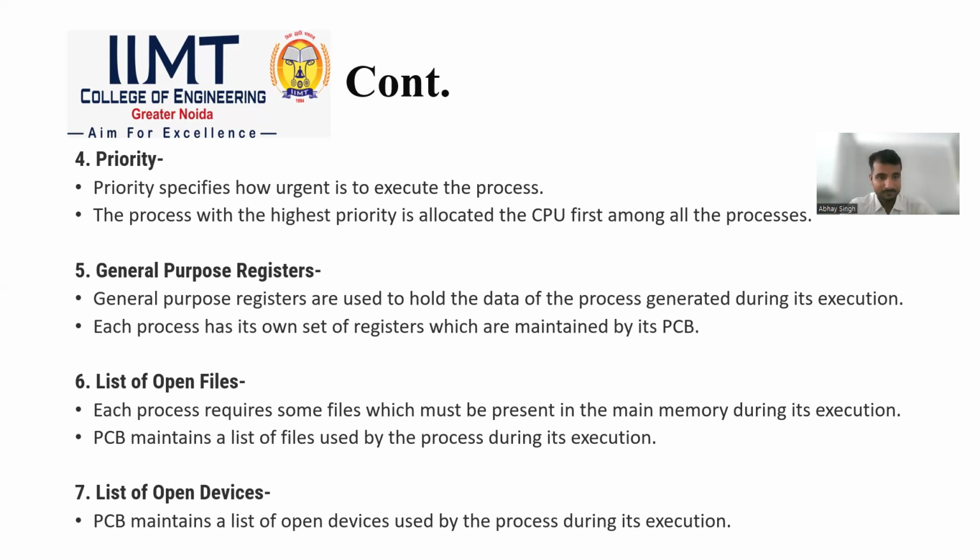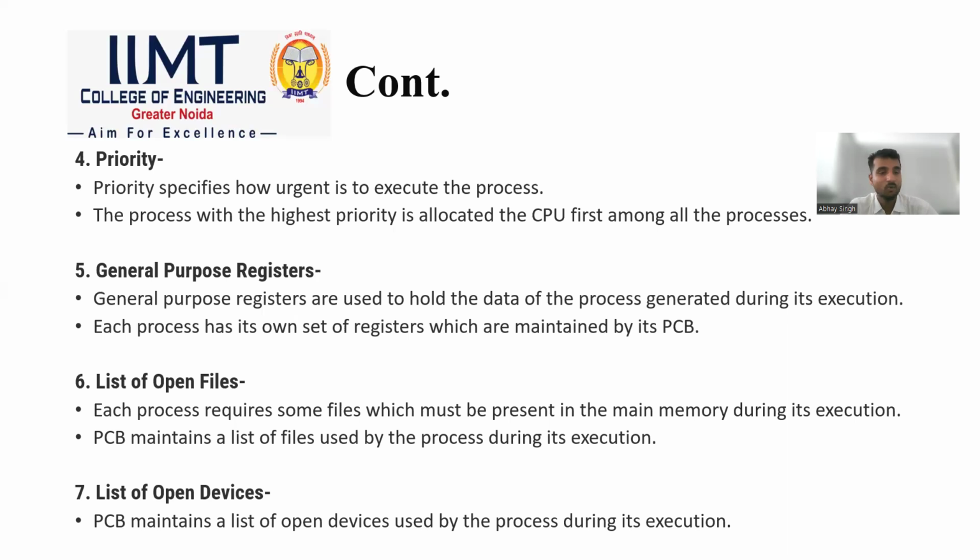That means every process needs some files, such as input-output operation files, software resources, hardware resources, system loaders, or drivers. Such types of files are required by the process during its execution. So the process control block maintains a list of files used by the process during its execution.